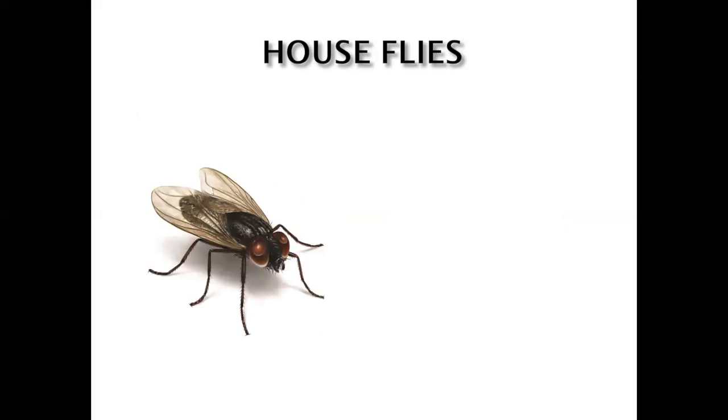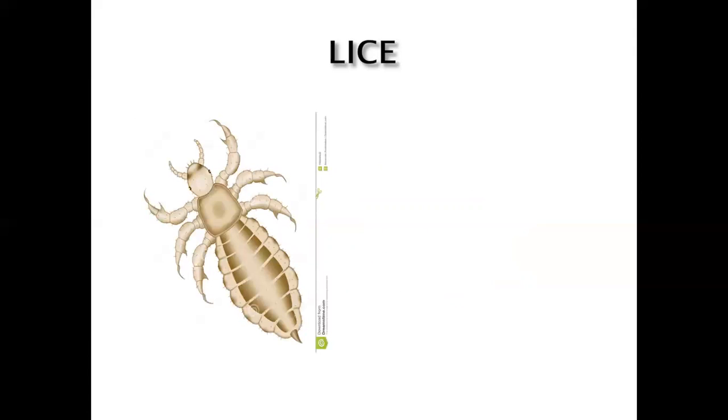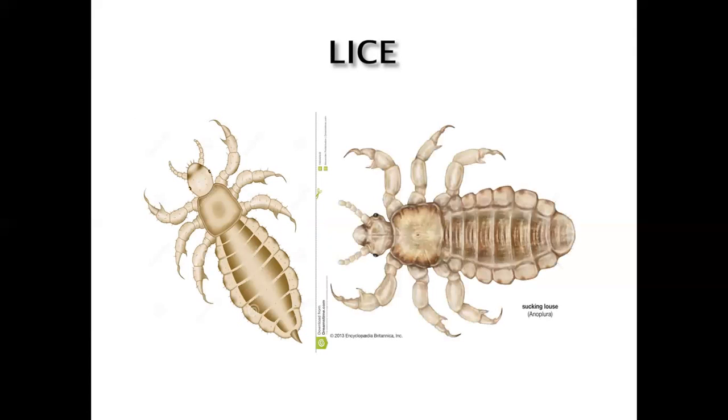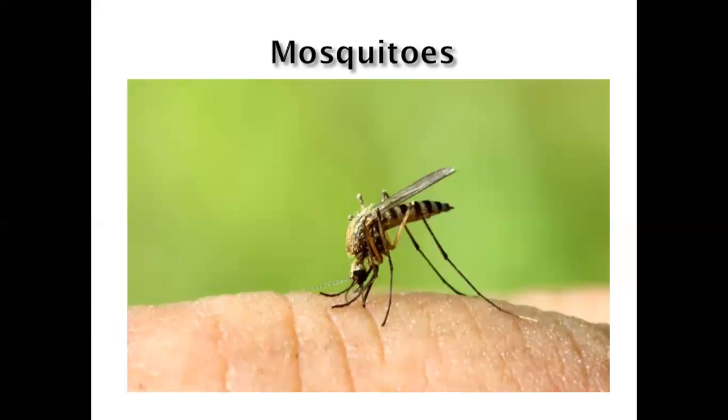And then we also gave houseflies as examples of insects, also insects with wings. We gave the lice as an example. Remember, a louse is an example of a wingless insect. We also gave examples like mosquitoes.